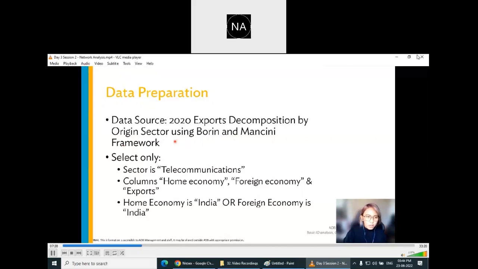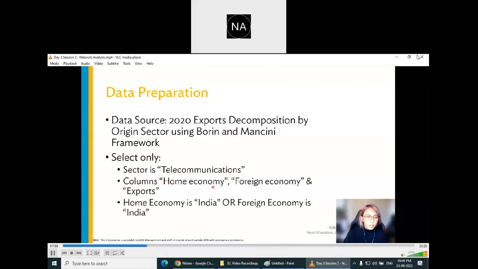The data we're going to use is the 2020 exports decomposition by origin sector using the Borin and Mancini framework. We're using these data sets because we are interested in trade exports. So you'll see later why this is a perfect data set for producing network charts.